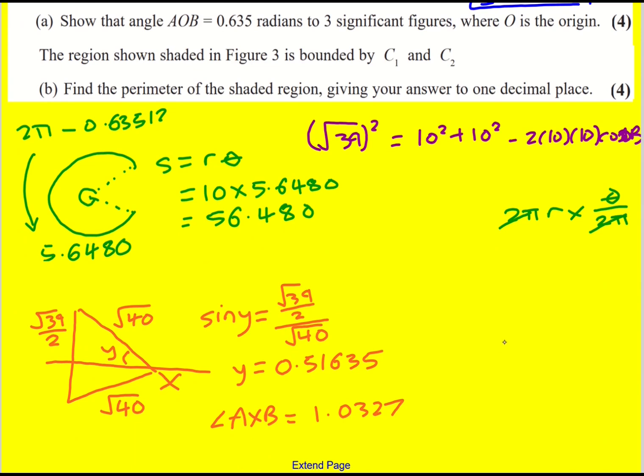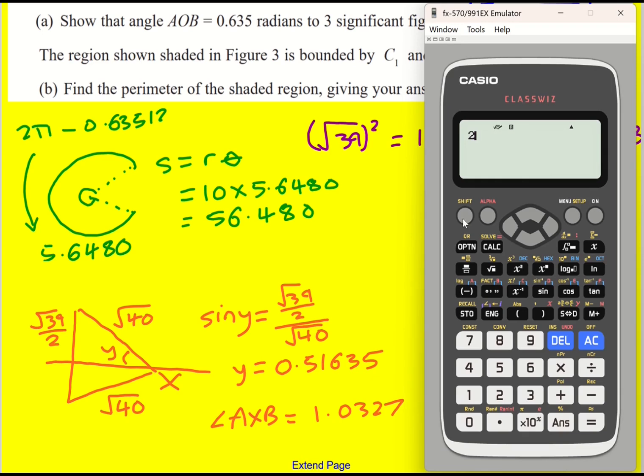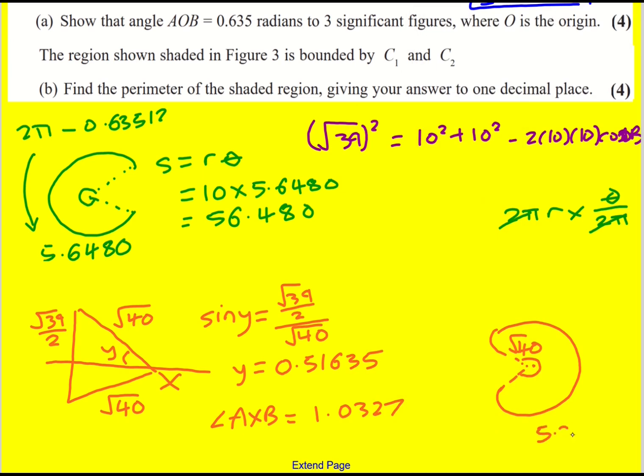So I'm very nearly there because now I've got this bit. I've got the radius, remember, as root 40. Just want to work out this angle, which is going to be 2 pi minus 1.0327. Gives me 5.2504. And S will be root 40 multiplied by that.